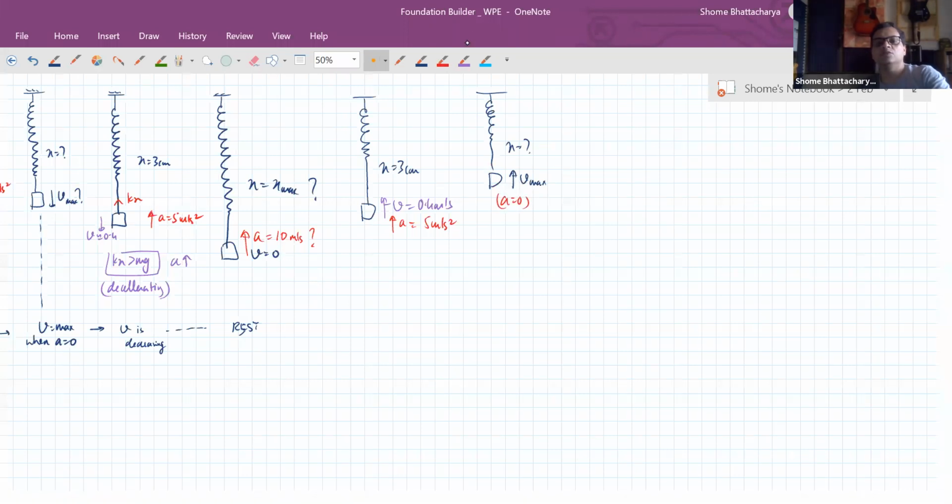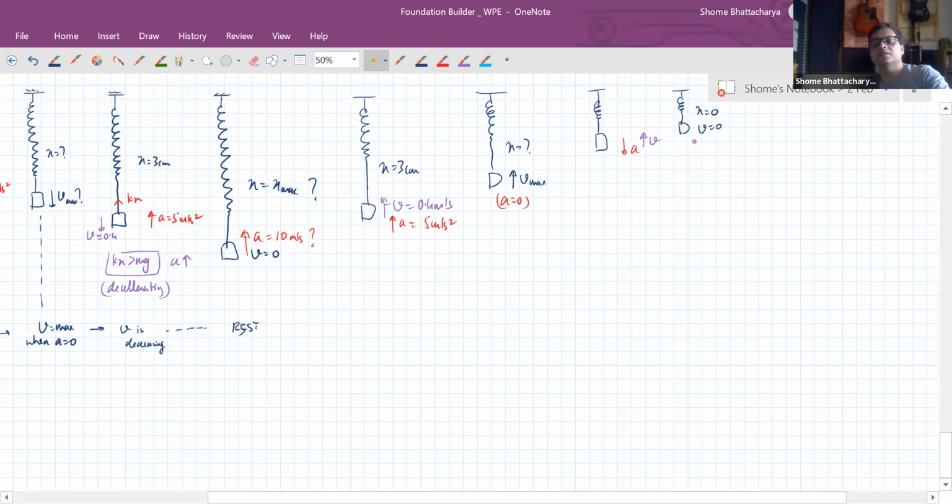Then from there it will continue further up, where now its acceleration will be downwards, but speed will continue to be upwards till it comes back to where it had started from, where x is 0, v is 0, and it has a downward acceleration of 10. So this has completed a full cycle of oscillation.